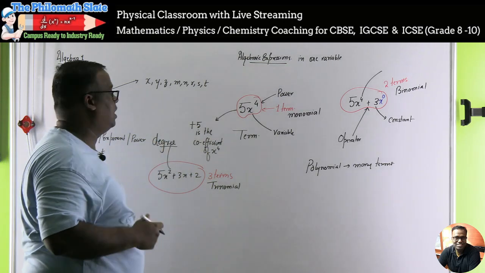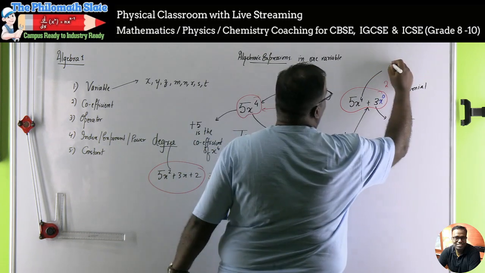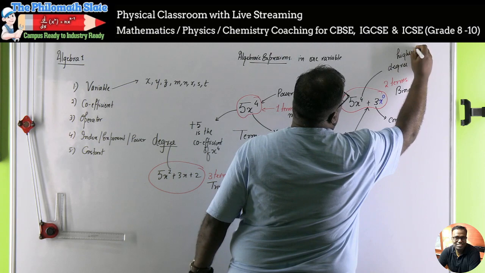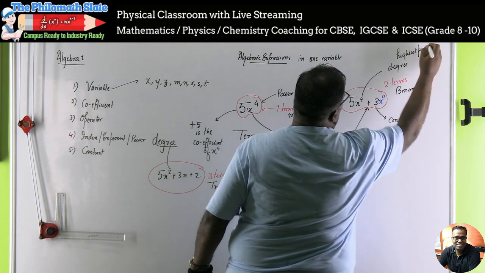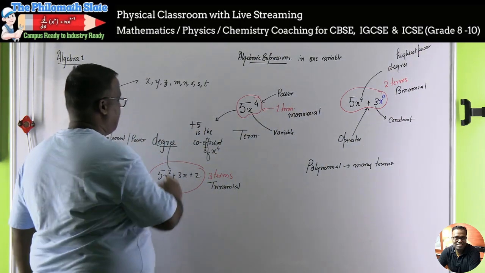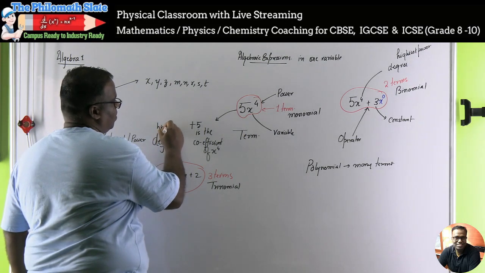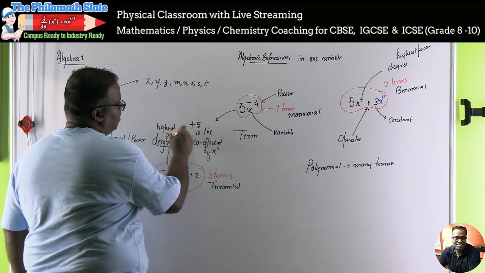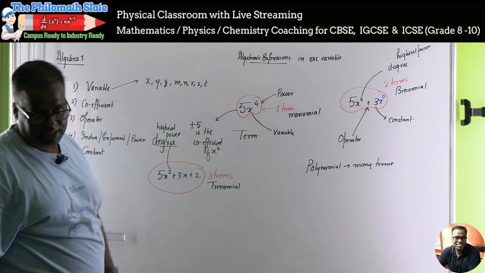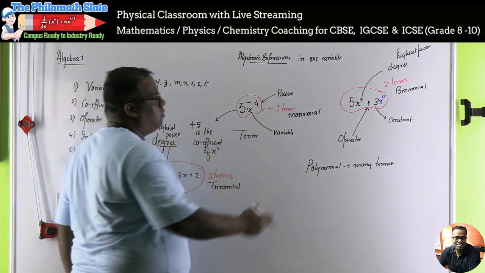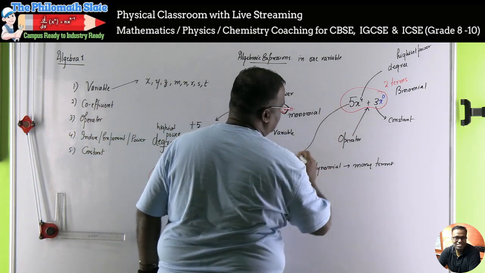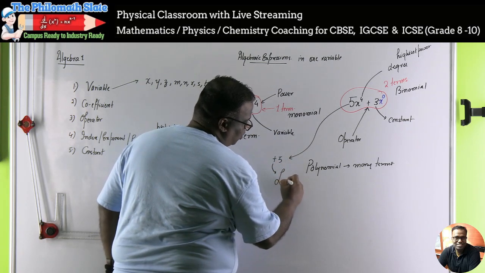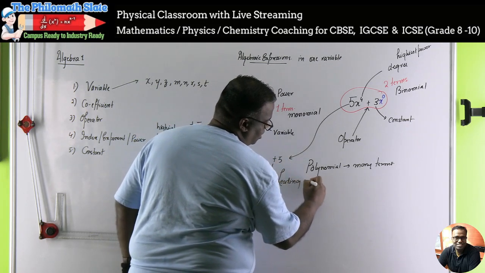ये सब शायद नया आएगा आपको. Highest power is known as the degree. Right now we are dealing with algebraic expressions in only one variable, so the highest power is known as degree. ठीक है. हाईएस्ट पावर वाले टर्म का जो कोफिशिएंट रहता है ये, that is +5, इसको हम स्पेशल नाम देते हैं, इसको हम बोलते हैं लीडिंग कोफिशिएंट.